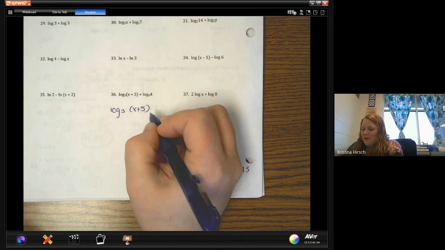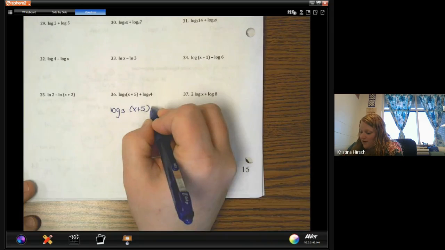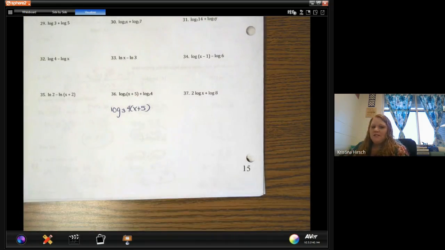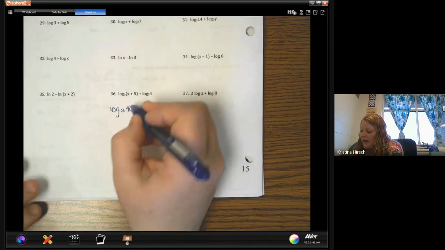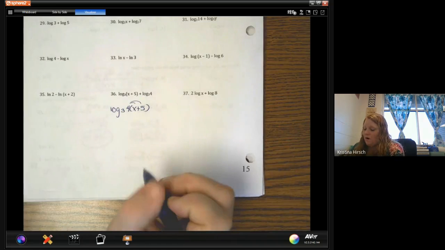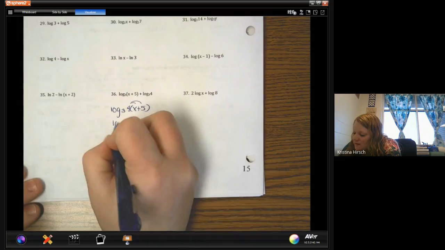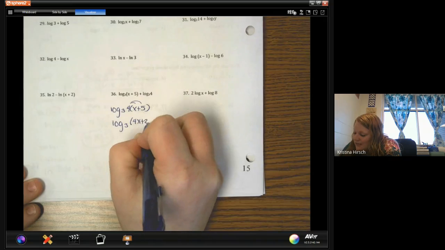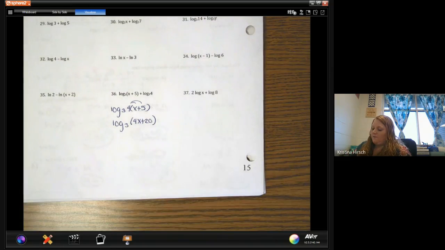Well, when you multiply by 4, would you put 4 out here? No, typically you would put that in front of the parentheses. So I'm just going to go ahead and put it in that right spot. You could distribute that if you want to, it just depends on what you're looking for. But this would be the log base 3 of 4x plus 20. So there you go.